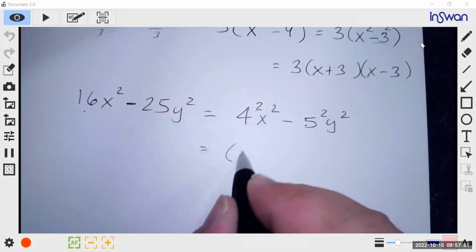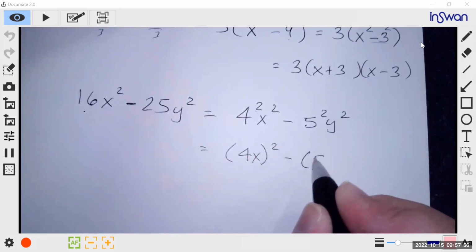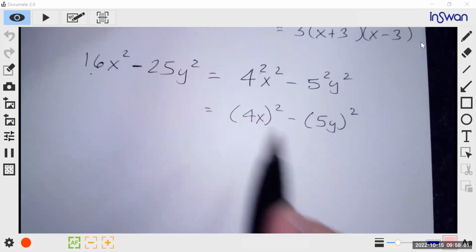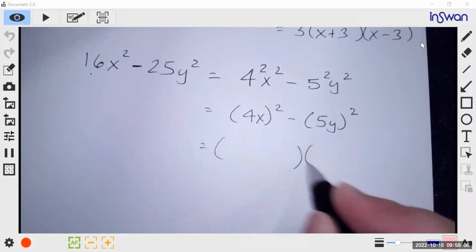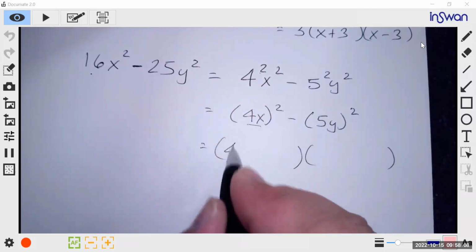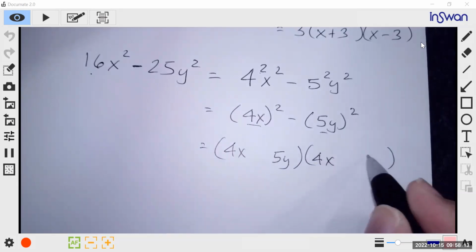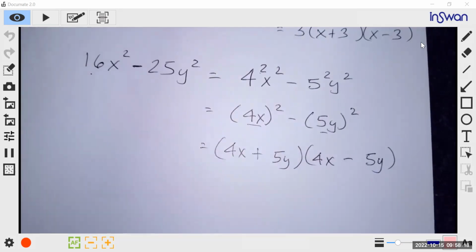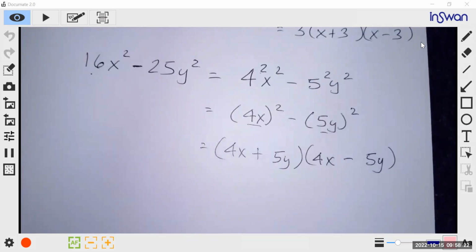Since they're both squared, I could put them under the same parenthesis. Now, since these numbers are both squared, it's going to be 4x, 5y. One's plus, one's minus. So if you can get two terms under squares, then you can factor it out that way.